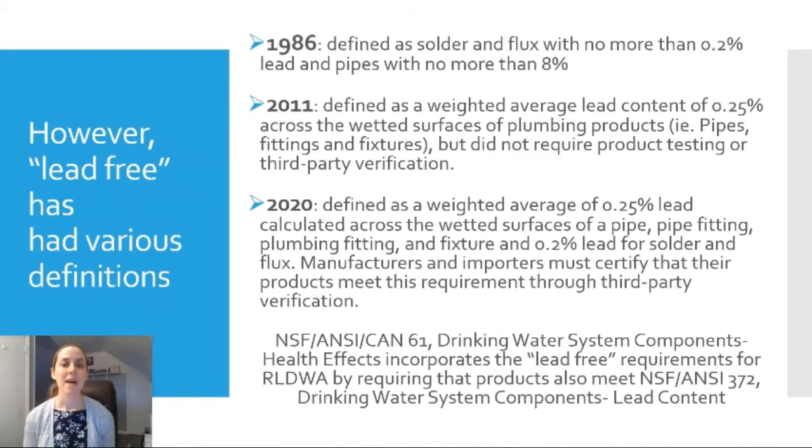So it tests various plumbing components in different test waters and sees how much lead and other contaminants of interest leach out of the plumbing components, because the total amount of lead present in a plumbing component isn't necessarily indicative of how much lead is going to come off when it's installed in a residential plumbing system.